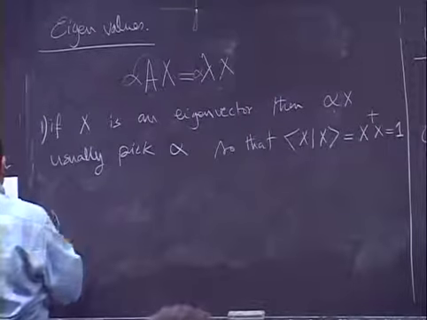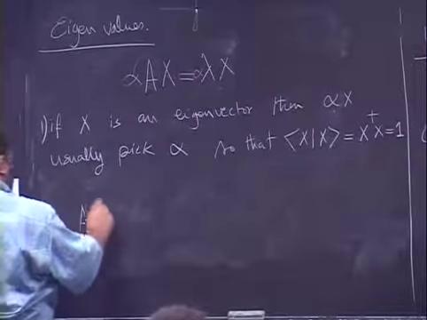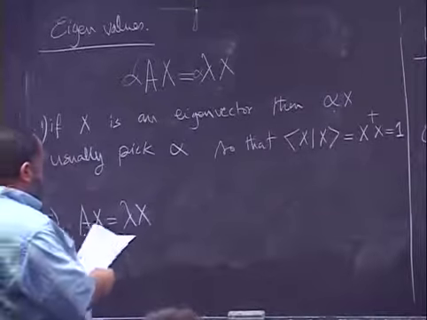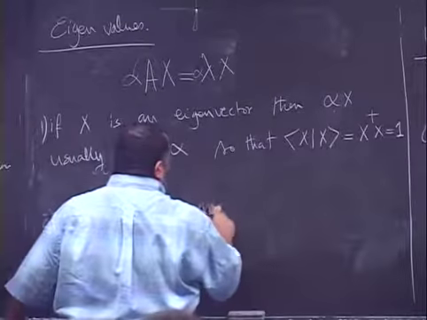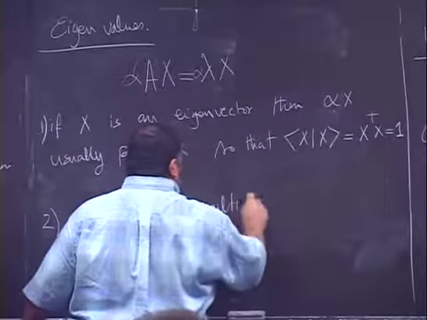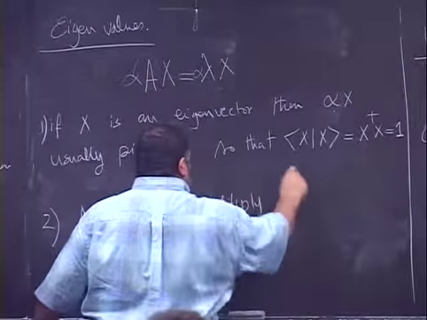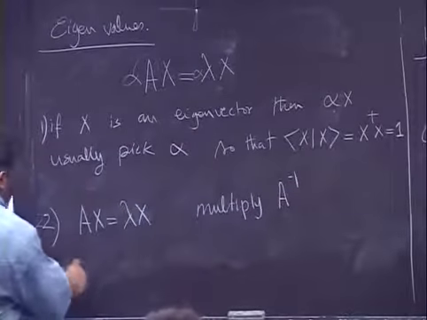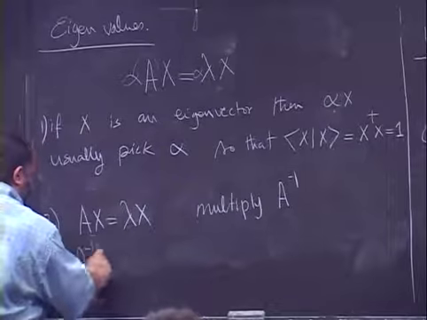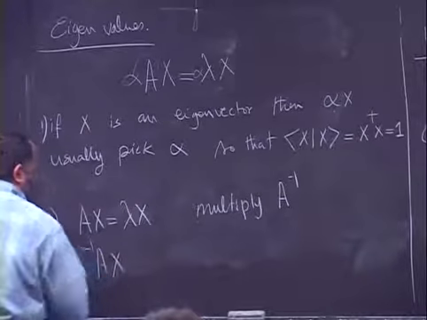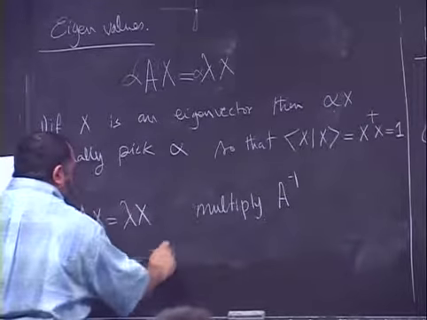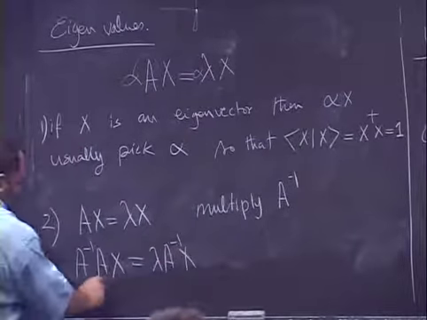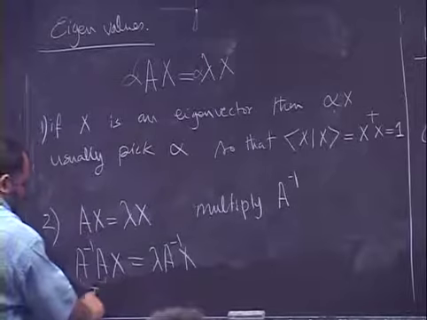Second property: if you have Ax equal to lambda x, you have an eigenvalue problem. Then if you multiply both sides by the inverse of the matrix, this will give you A inverse multiplied by A operated over x equal to lambda A inverse operated over x. What's this?